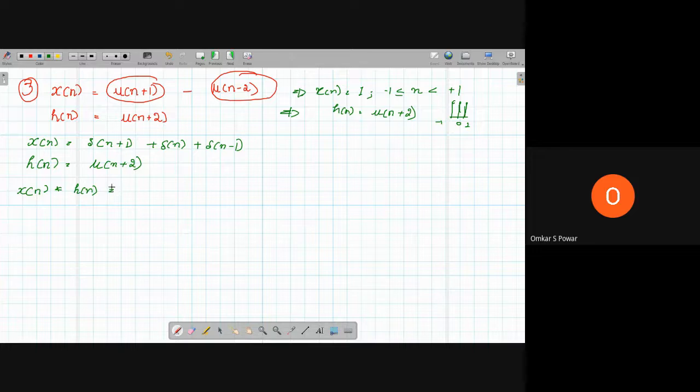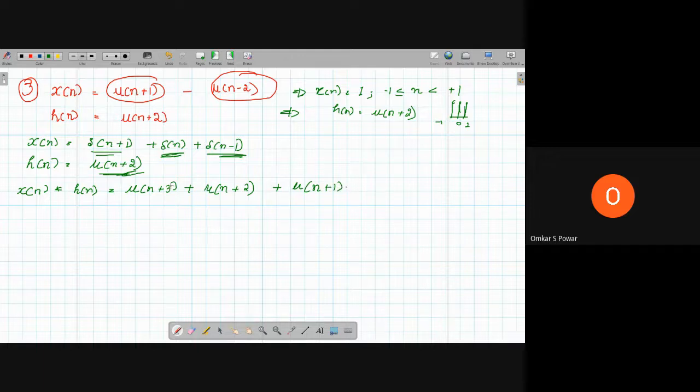So del of n plus 1 convolution with u of n plus 2 is equal to u of n plus 3. Del of n convolution with u of n plus 2 gives u of n plus 2. Del of n minus 1 convolution with u of n plus 2 gives u of n plus 1.